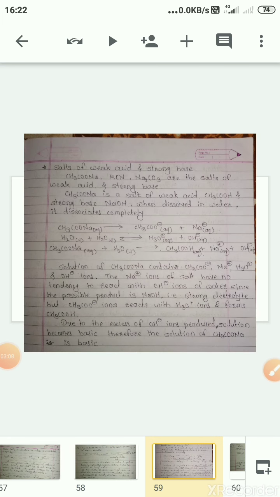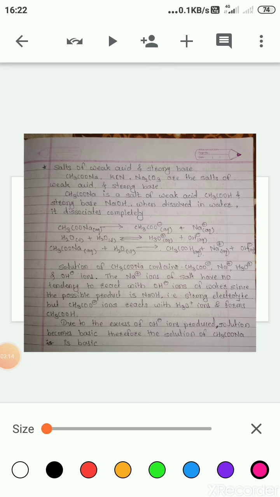Now the hydrolysis of salt of weak acid and strong base. We have seen the examples of salts of weak acid and strong base are sodium acetate, potassium cyanide, sodium carbonate.